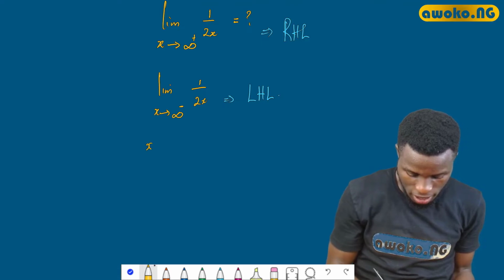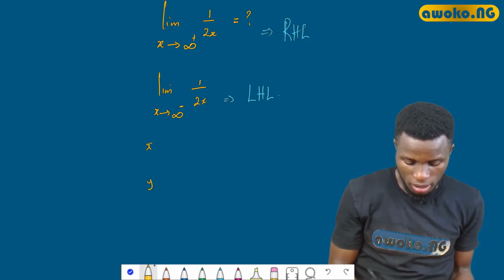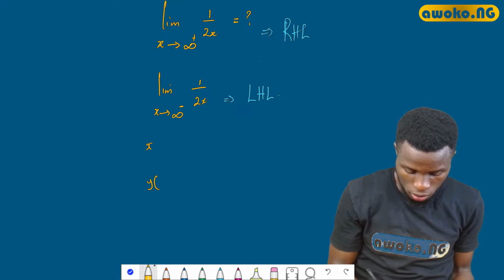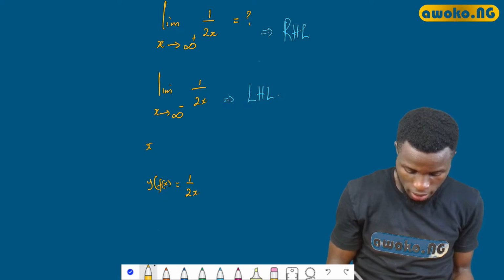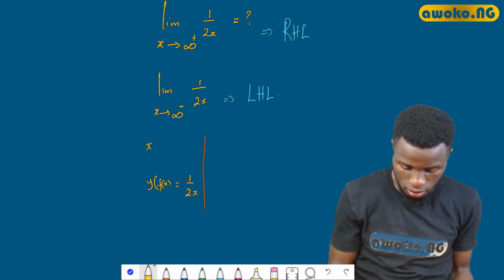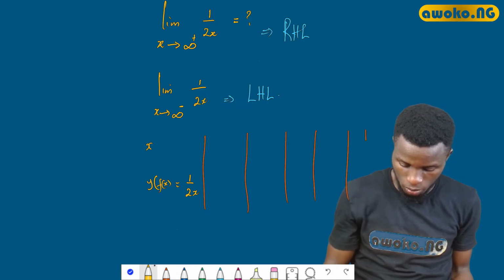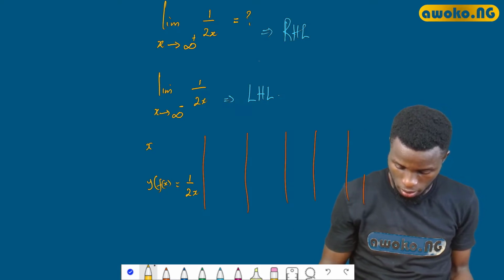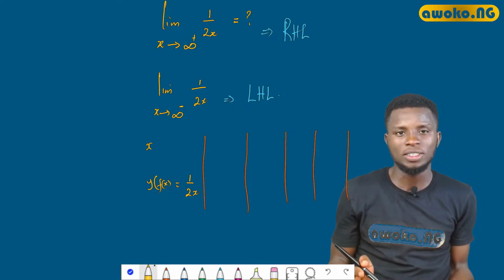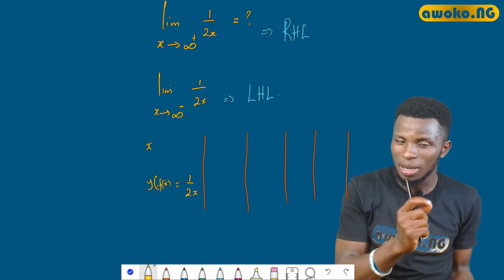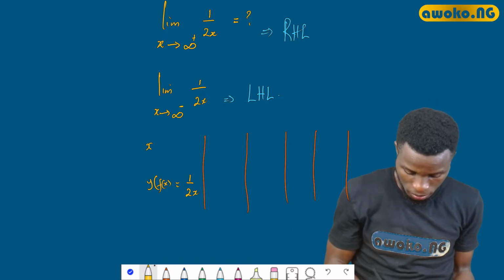We have x and we have y. And y is the function f of x equals 1 over 2x. So this is it. Let us consider some arbitrary values. Remember, infinity.